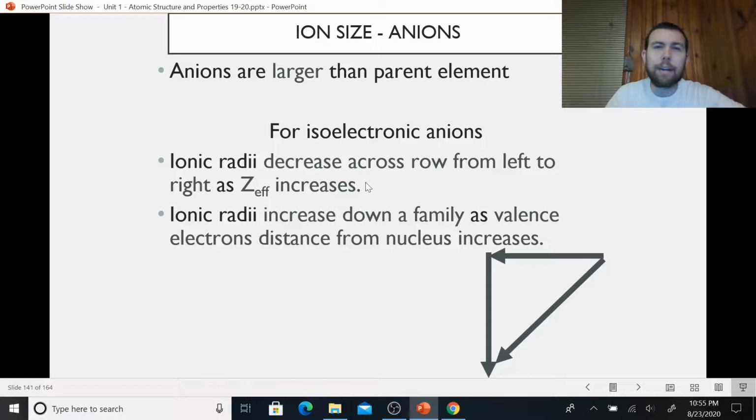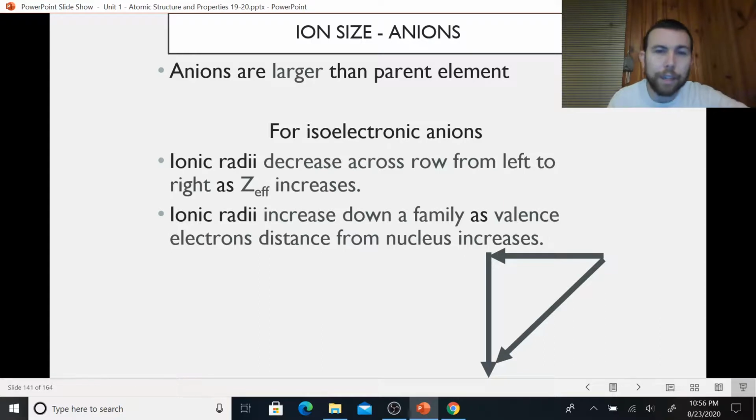Hope that makes sense. Now, as you're looking at this slide, it introduces the term isoelectronic. That word isoelectronic simply means same electron configuration. If we're looking at anions with the same electron configuration, the ionic radius is going to decrease across a row from left to right as the effective nuclear charge increases, again following the atomic radius trend.